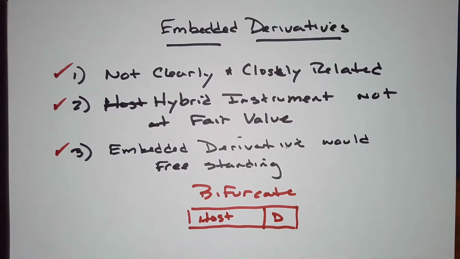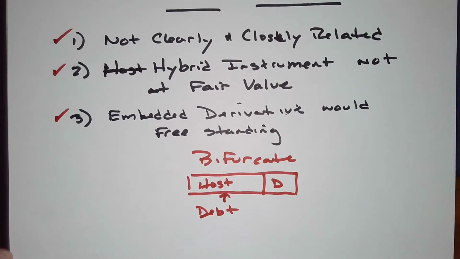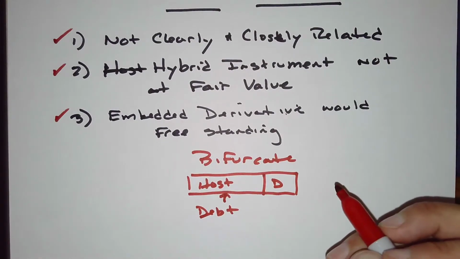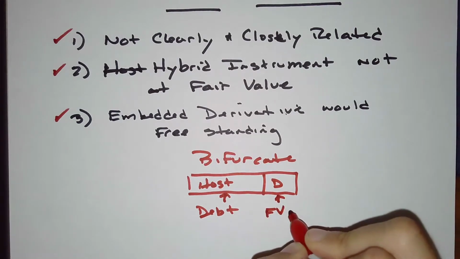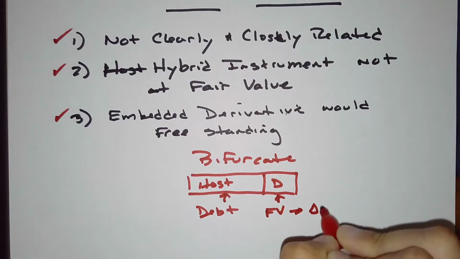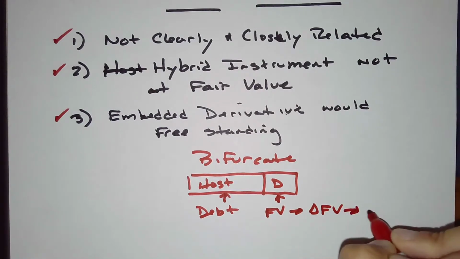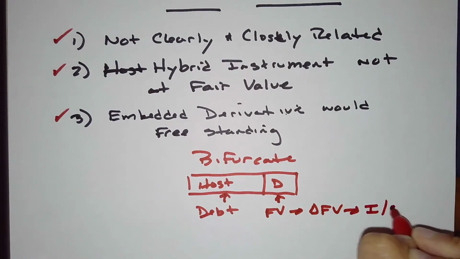And those have to be split apart. This is accounted for like you would account for debt, amortized cost. You learned that this past summer. And the derivative would be fair value, changes in fair value go through the income statement.